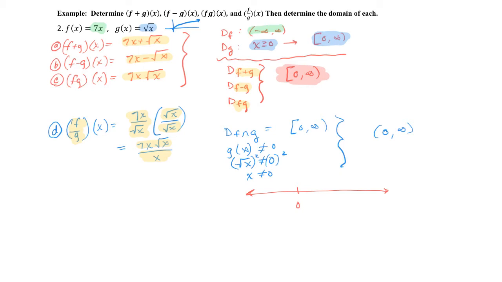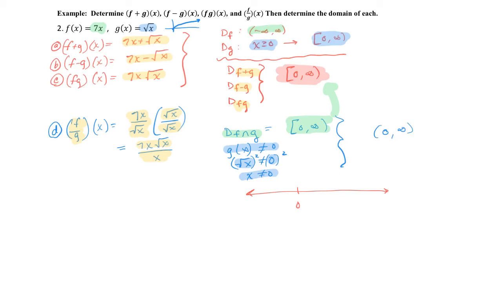Now, for the domain, I'm going to first look at the domain of f's intersection with g, which is what I found above. And so that's 0 to infinity. These are the same. Okay, nothing new here. But now I need to add that additional restriction, that new restriction, which is that whatever is in the denominator, in this case g of x, can't equal 0. So that means the square root of x can't equal 0. Square both sides, and you'll find that x cannot be equal to 0. So I'm going to put that together to come up with my combined domain.